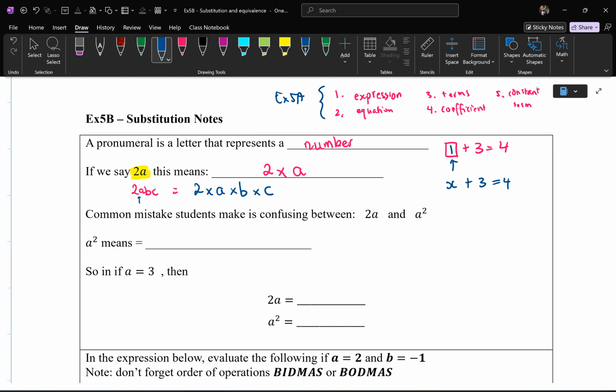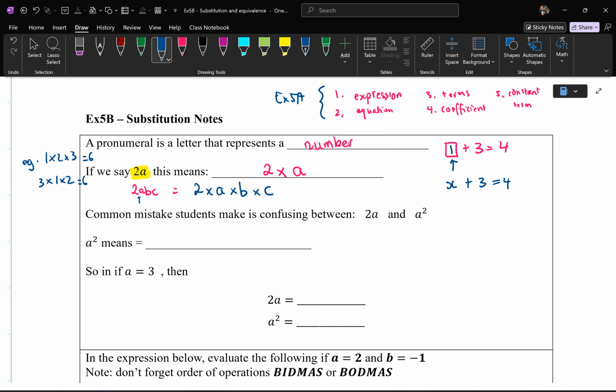One of the things you need to know is that when you do multiplication, it doesn't matter about the order. It's like saying, as an example, 1 times 2 times 3. What's the answer? 6. 1 times 2 is 2. 2 times 3 is 6. But even if I switch the orders, if I did 3 times 1 times 2, the answer is still 6. This means when it comes to the letters, it's the same thing.